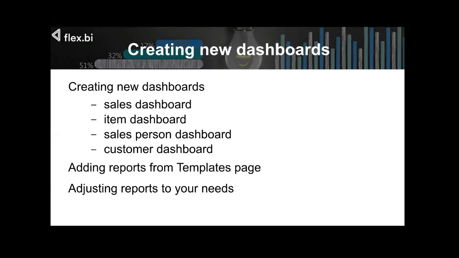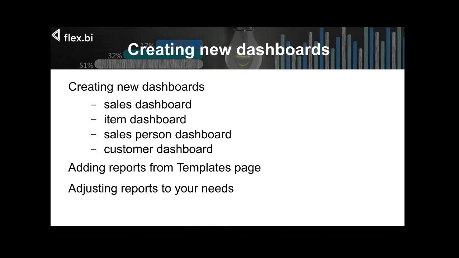So we're going to create new dashboards. We're going to create a specific dashboard for items, for salesperson, and customers. And then I'm also going to show you how to take just one specific report from the template page, from one of those dashboards, instead of copying the whole dashboard that would contain many different reports.